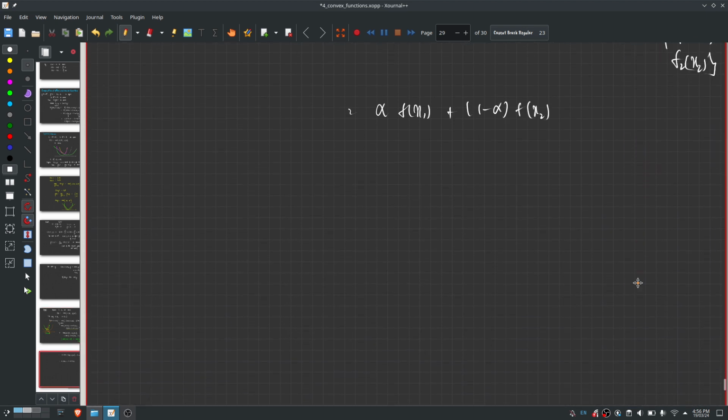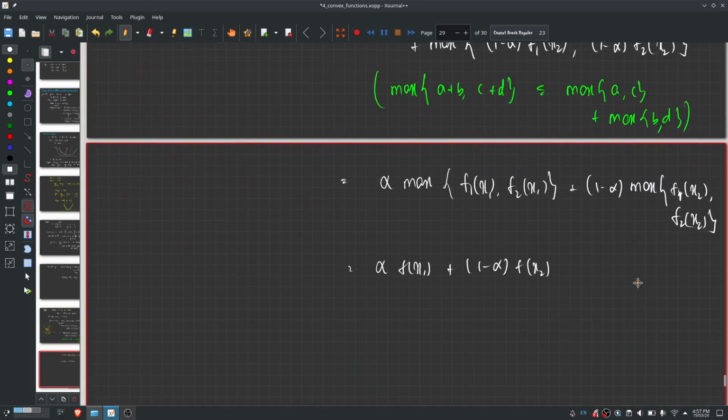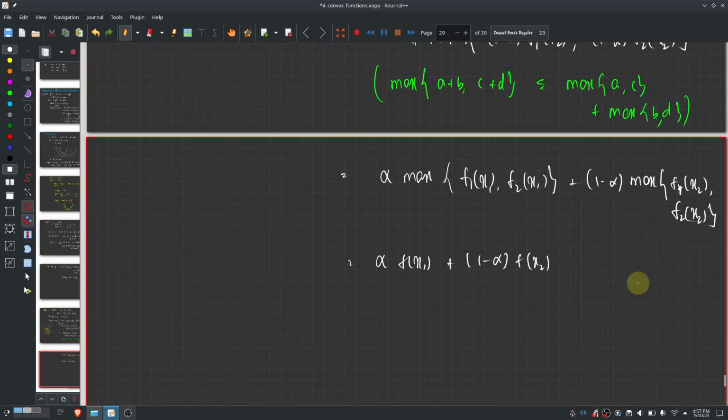But a nice consequence of this particular property is that if you take any set of affine functions, and take the maximum of all of those affine functions, or even the supremum, that always results in a convex function.